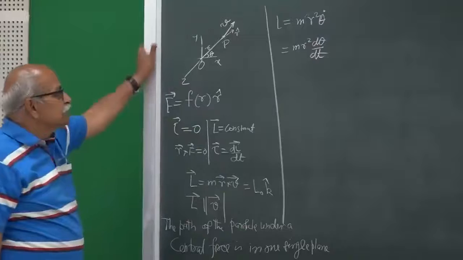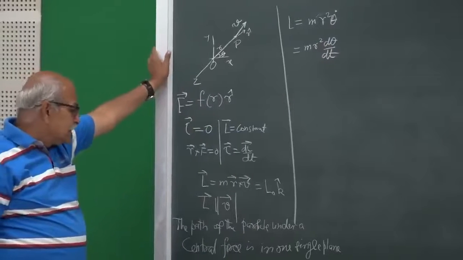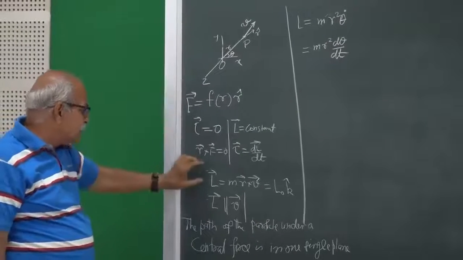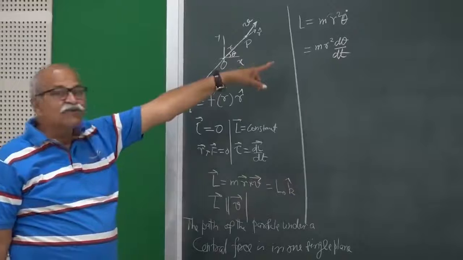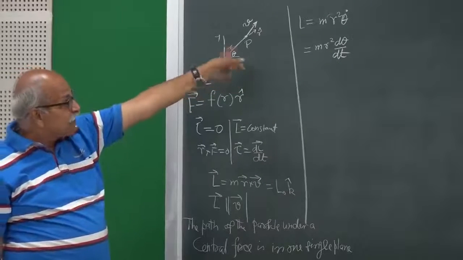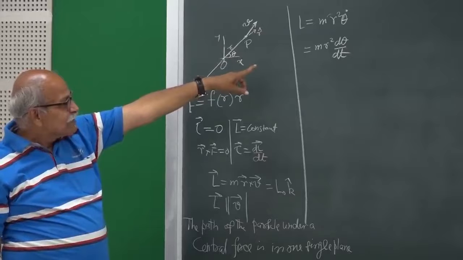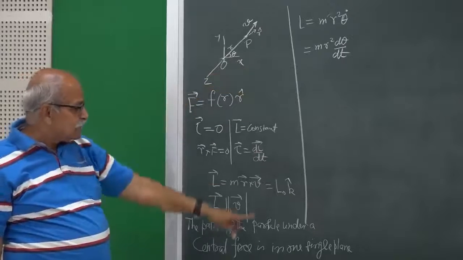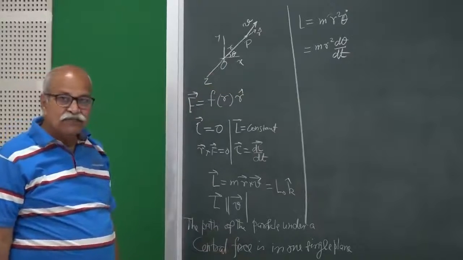This is the magnitude, and since L is constant, this magnitude is also constant. And from this fact that the magnitude is constant, we can derive another nice property of this central force motion.